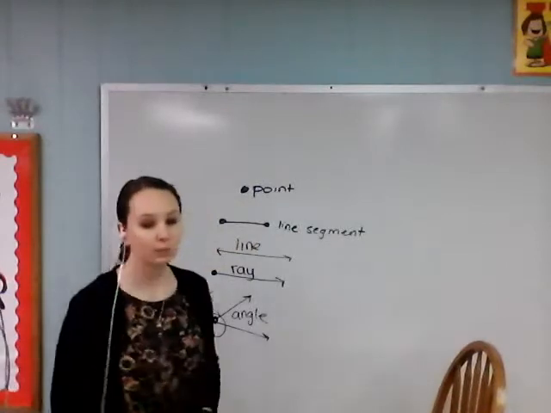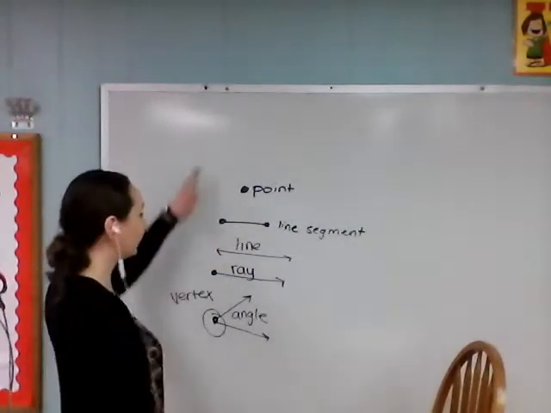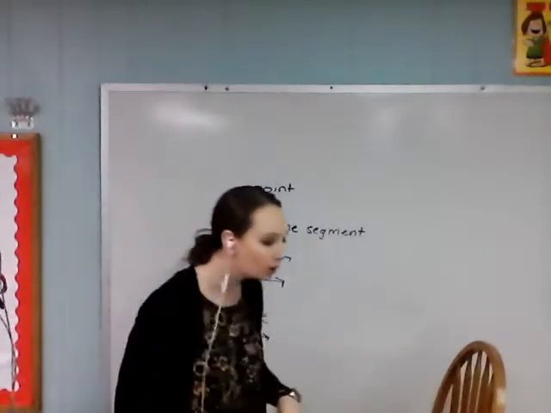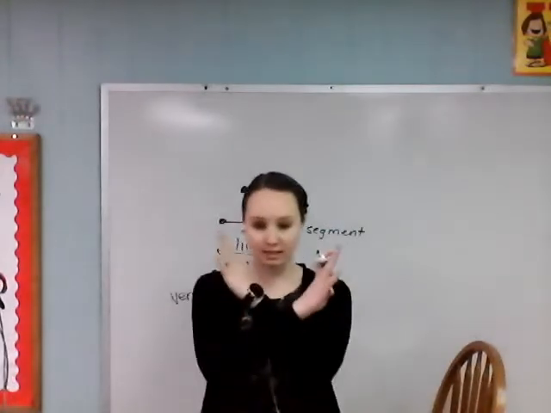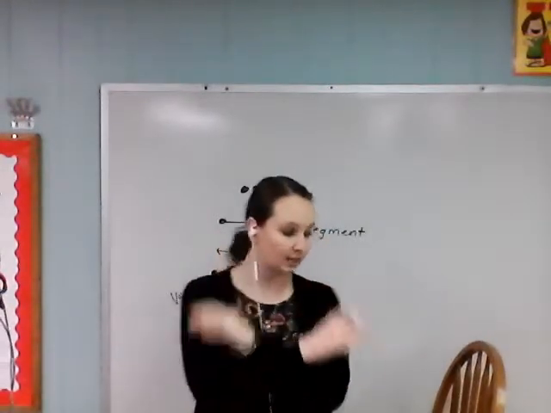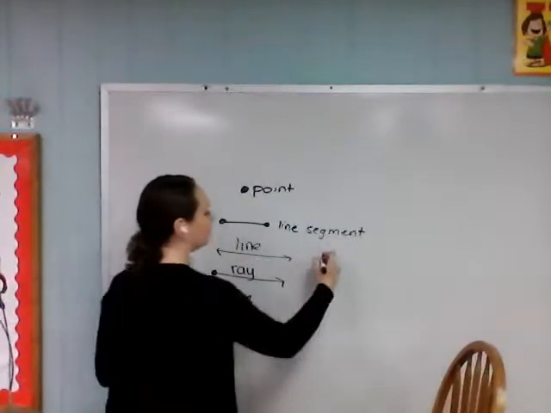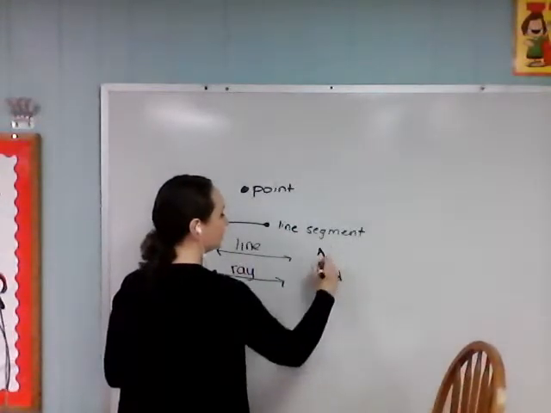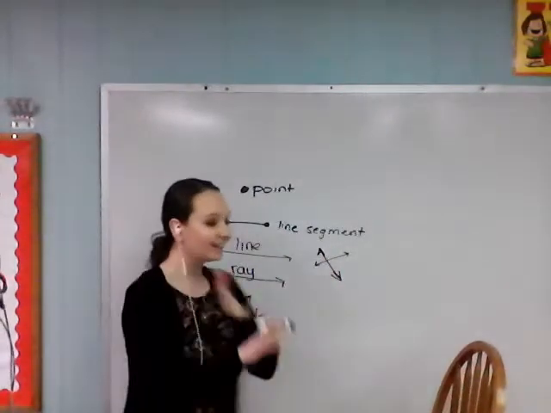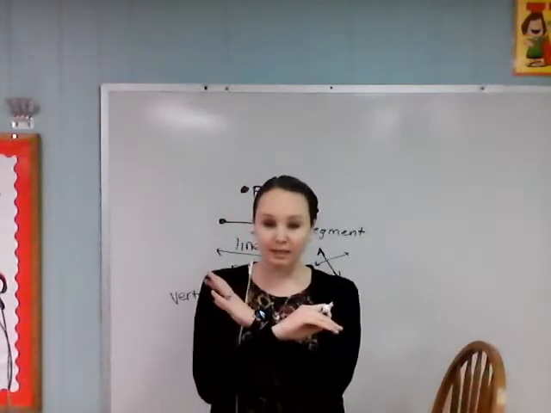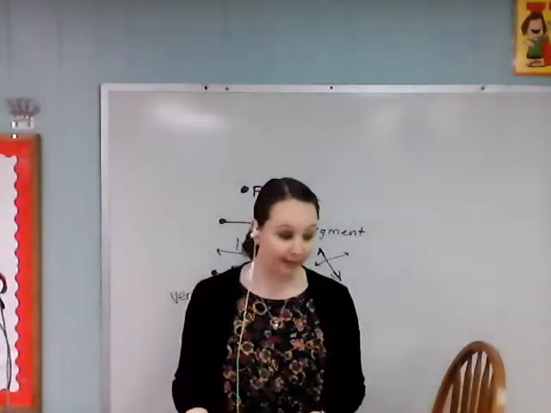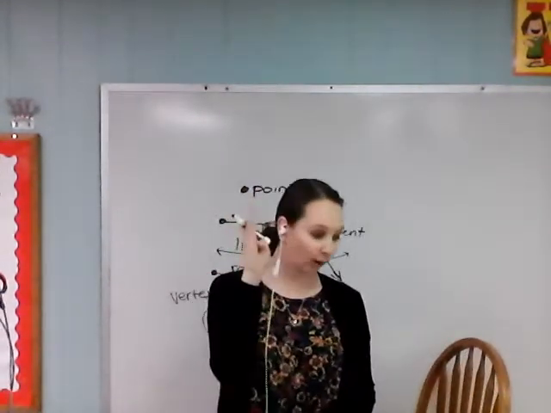Now, there's a couple things that we're going to learn about with our lines. So we have intersecting lines. Intersecting lines are going to cross. They're lines that cross each other at some point. They're intersecting. Now, perpendicular lines are 2 lines that form right angles.